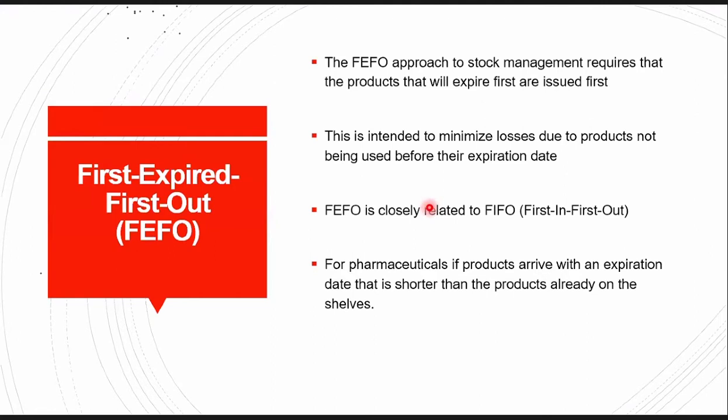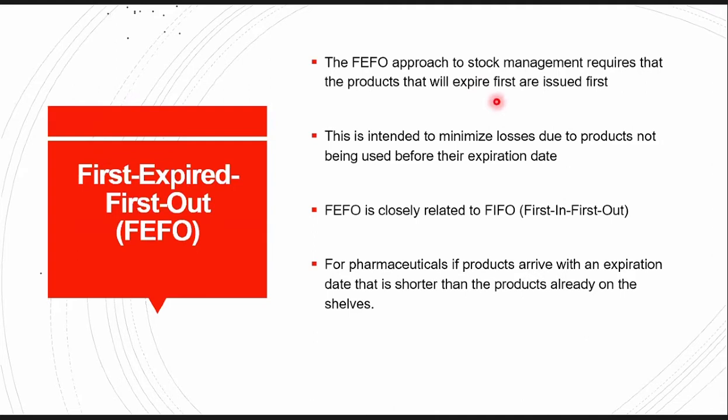We look at the first expired, first out principle. This is a very important principle, whether you are using a manual system or a computerized system. Even a computer system is programmed to manage FEFO. What expires first is what you are going to dispense first, rather than the other way around.